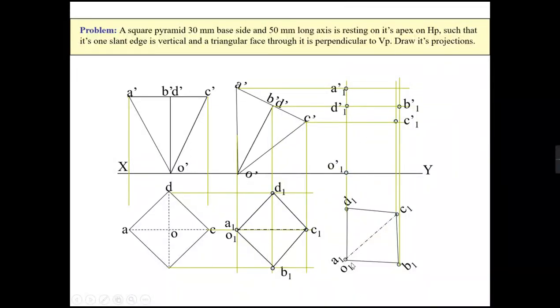Then this face OAB will be visible, right? So this face is on the front side, right? And your face OBC is visible. As you can see, point C is falling on this side of this triangular face OAB so that this face will be visible, right? And the other two faces will not be visible.